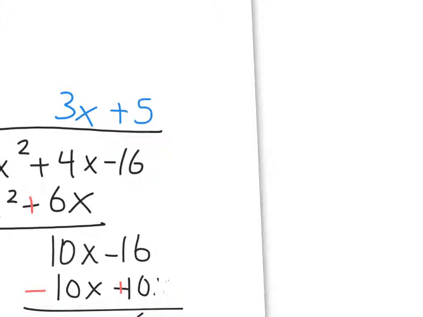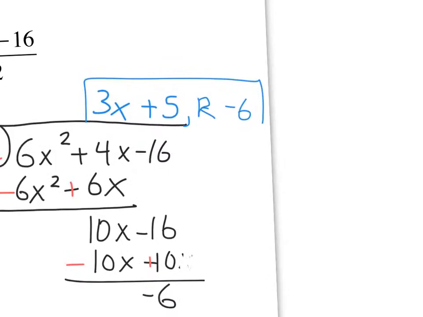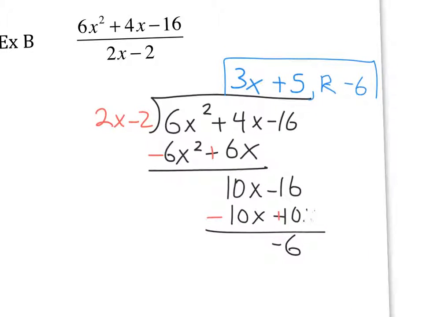So sometimes you'll see a comma like this. Sometimes it's a small r, sometimes it's a capital R. Negative 6 with a remainder like that. Any of those ways to write it is going to be fine. Notice you also might see this, probably not so much in our textbook, but 3x plus 5, and then write this as negative 6 over the 2x minus 2.